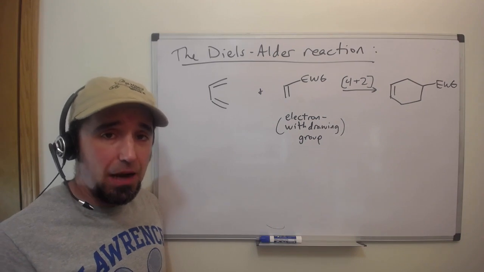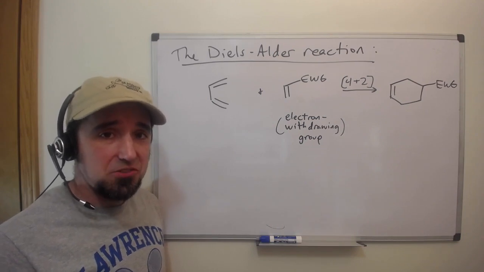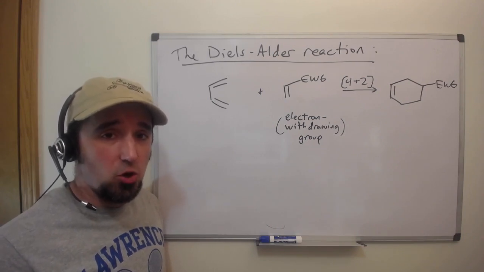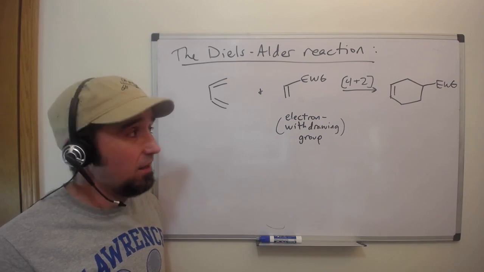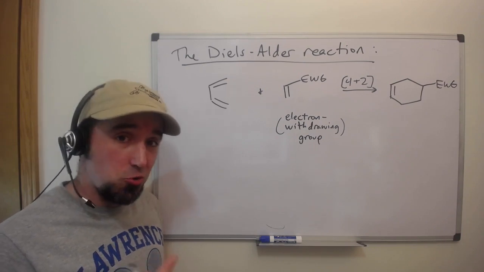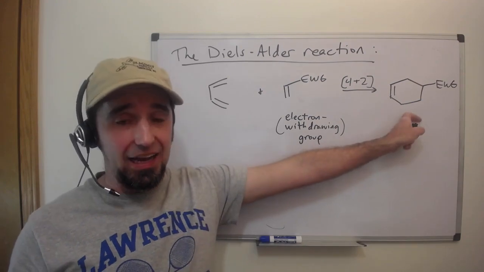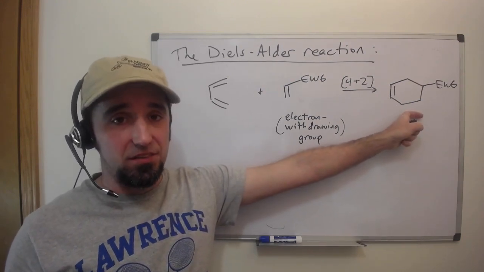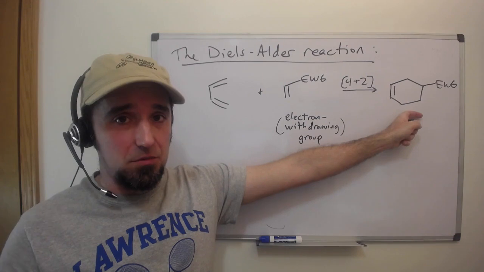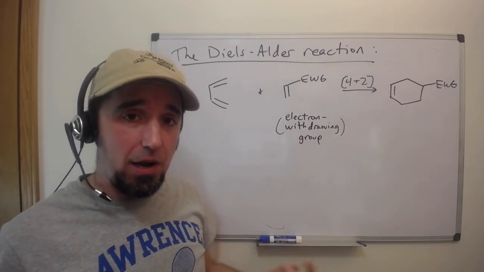So this is a pretty powerful reaction, right? I usually get excited when I can make a new carbon-carbon bond in a reaction. In this reaction, I'm making 2 carbon-carbon bonds, and I'm making a new 6-membered ring, which I see all over the place in medicine and biochemistry and so forth. So this is really powerful.